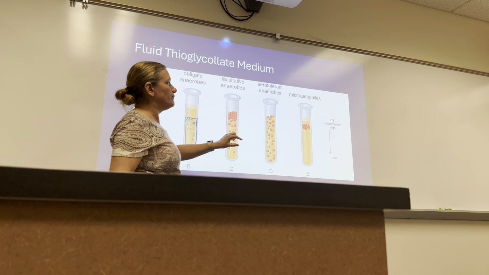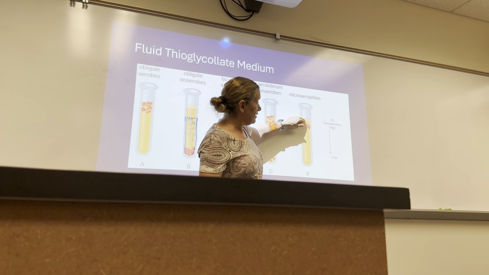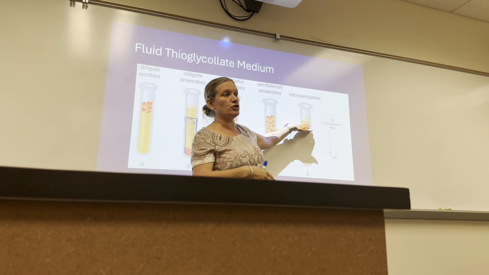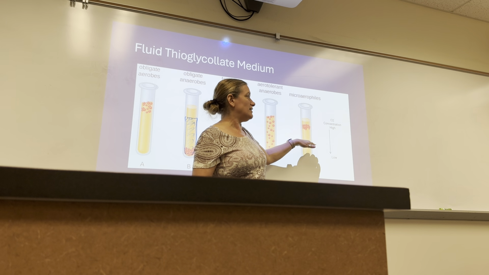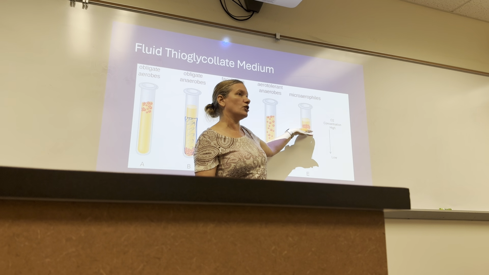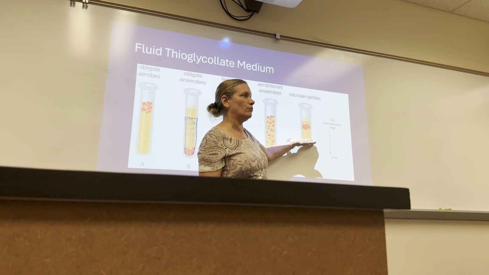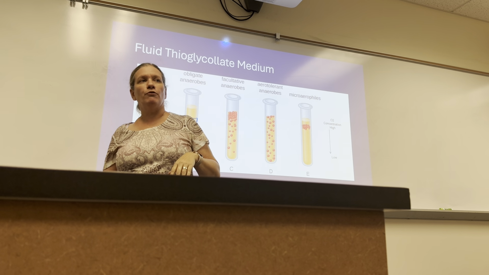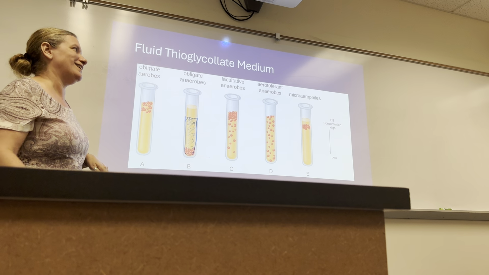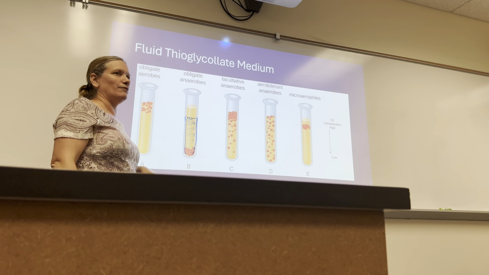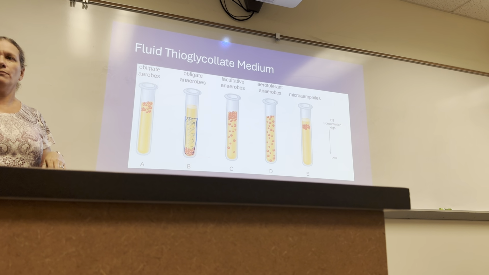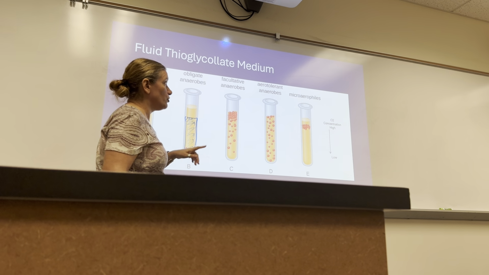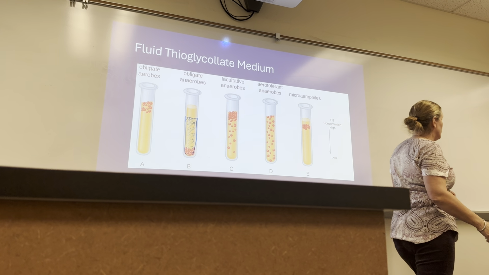But wherever in this tube we have that level of oxygen is where you're going to see them growing. Because they use oxygen for metabolism, they can't grow down here because they need it for their metabolism. They perform cellular respiration. They just can't tolerate higher levels of oxygen. Okay, so those are your microaerophiles.